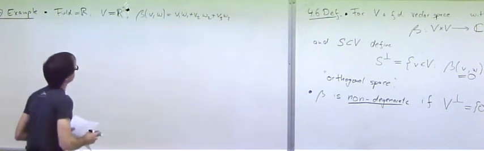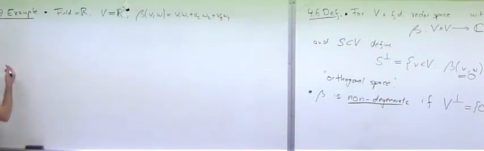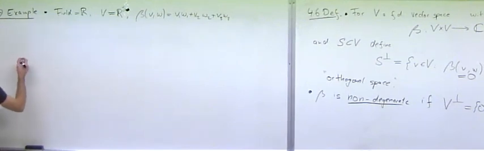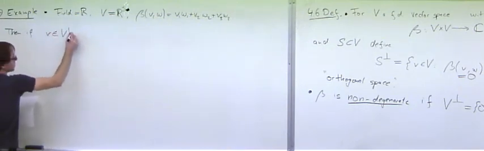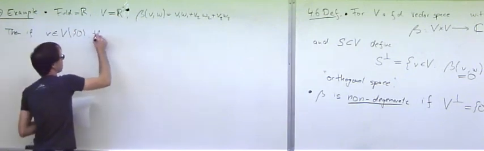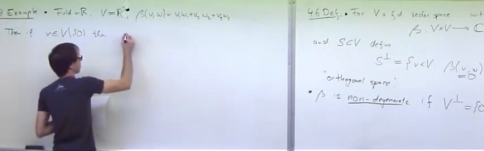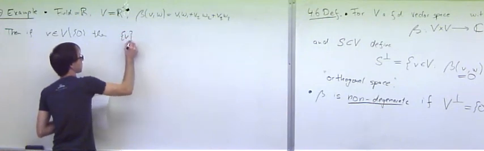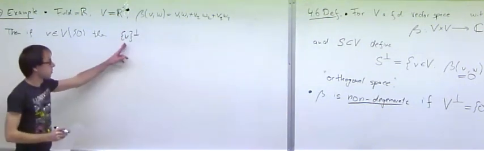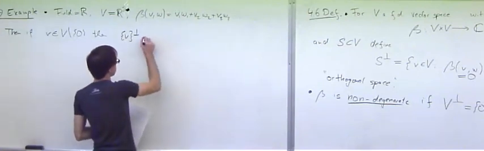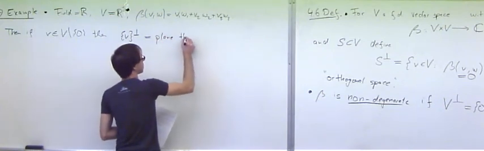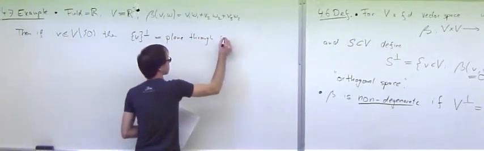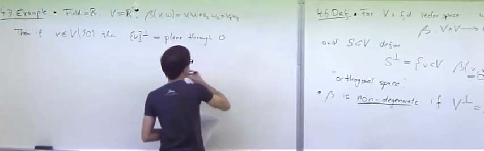So the standard inner product. So if I fix any non-zero vector, what's the orthogonal space? Space of vectors orthogonal to this vector. Well, this is the plane through the origin, which has V as a normal vector.